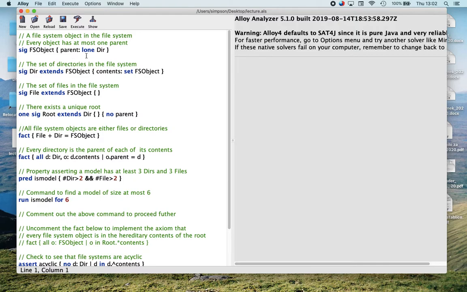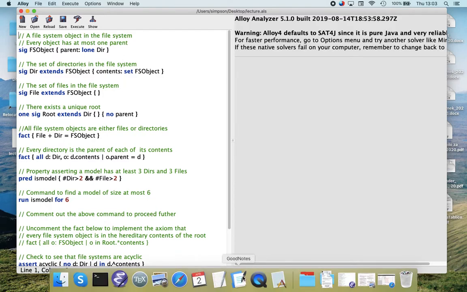Here the notation is we have a kind of parent function that will give us that. Lone means at most one. So the parent function applied to a file system object will give us at most one directory. So not every element of the file system will have a parent directory, as we shall see.